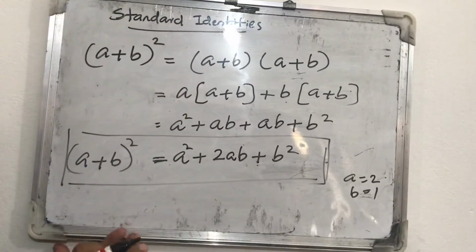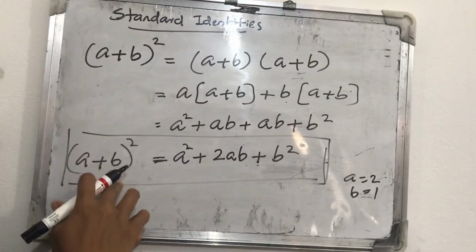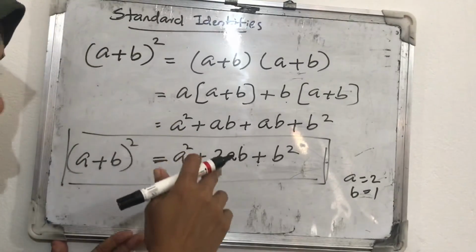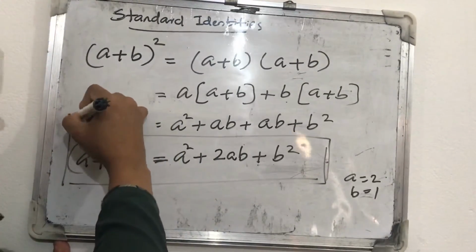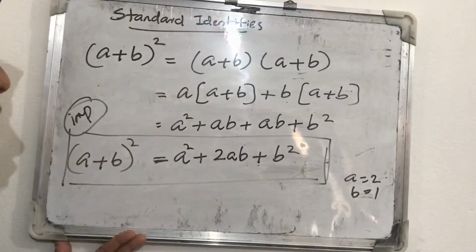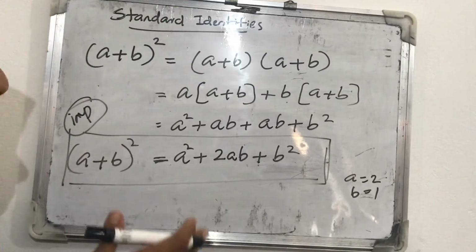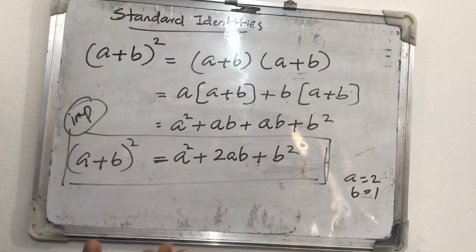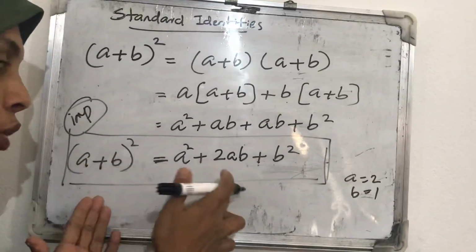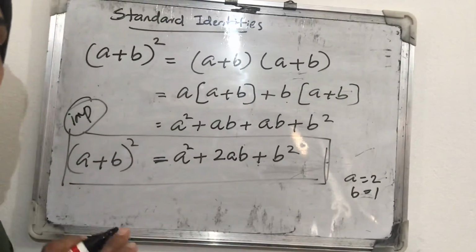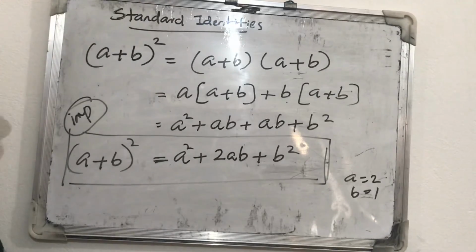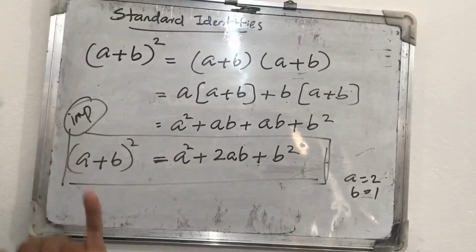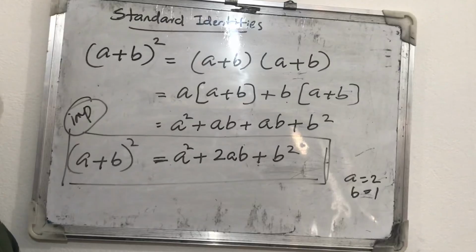It is very important. All of you study how to derive this standard identity, and learn both the LHS and RHS by heart and make it thorough. (a plus b) whole square equals a square plus 2ab plus b square.